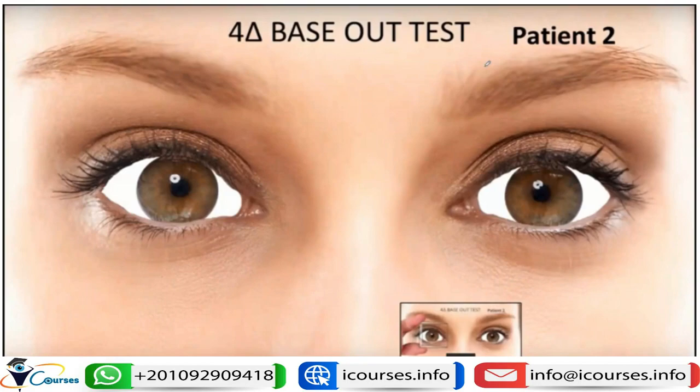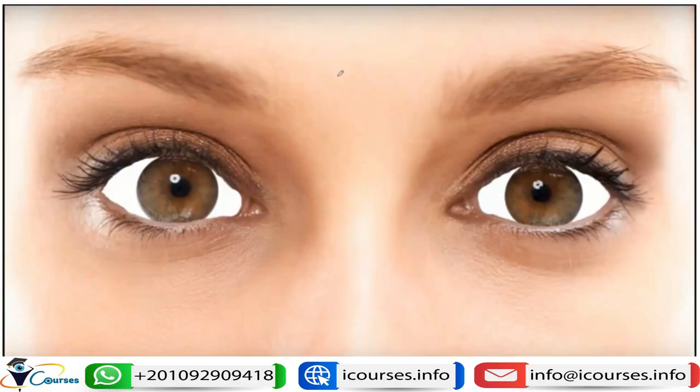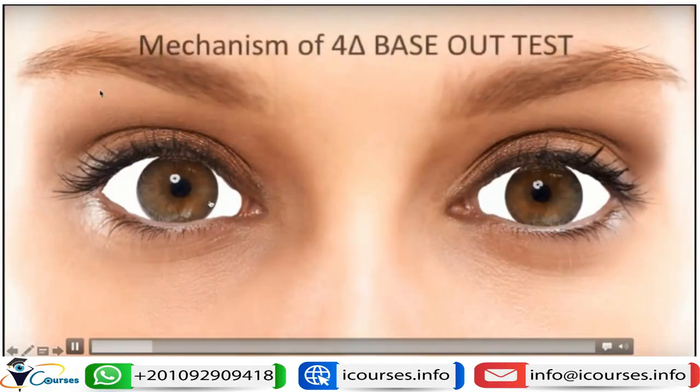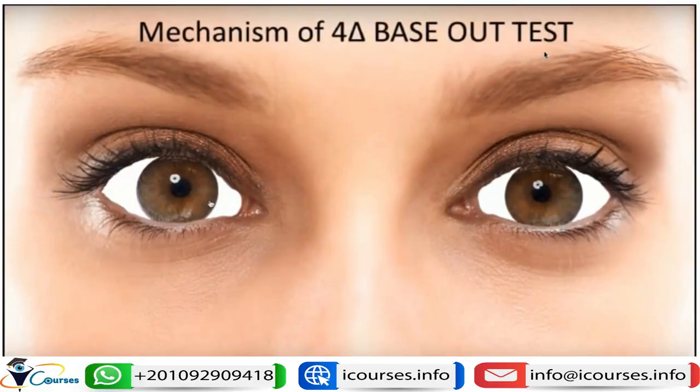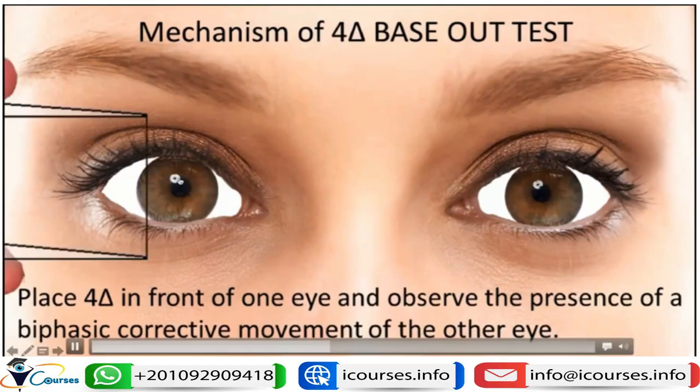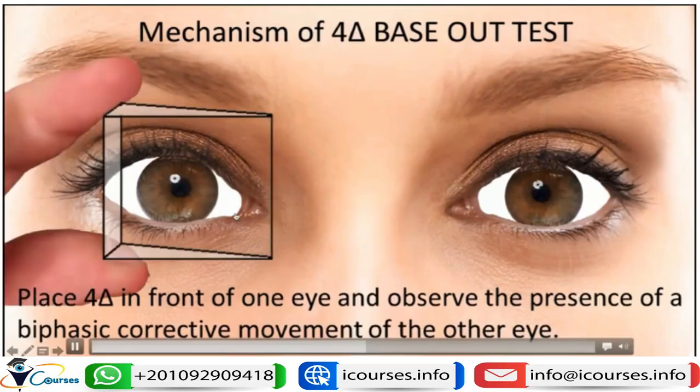If it is placed in front of an actually blind eye, nothing will happen because the eye will not move. So this can also detect whether the patient has actual blindness or not. If the patient can see, there should be a corrective movement. But if the patient shows no movement at all, this means that this eye is blind.